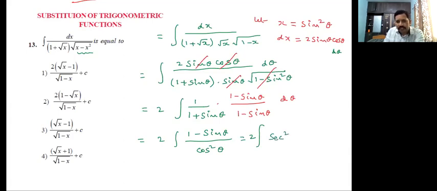Secant square theta minus sine theta divided by cos squared theta, that is secant theta tan theta, into d theta.